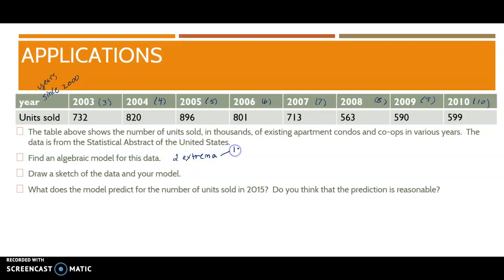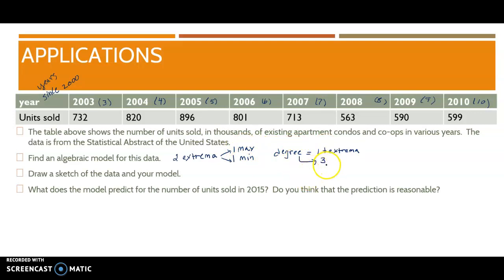So I have one maximum and I have one minimum. And we had talked about with polynomial graphs that the degree is supposed to equal 1 plus the number of extrema. So that means that for this problem where I have two extrema, I need the degree to be 3.